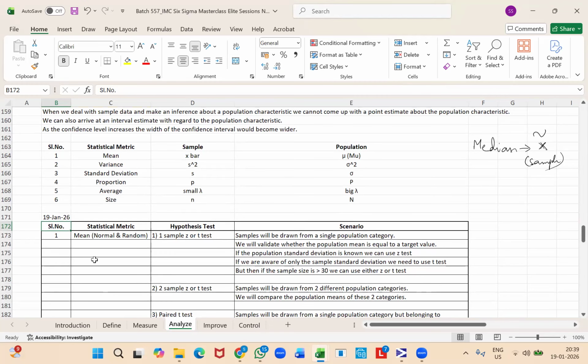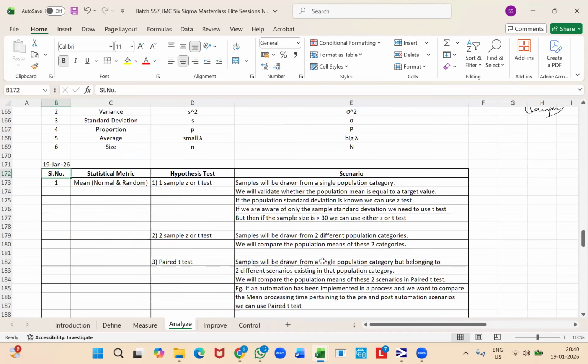So that's why I created this in a table format wherein we will have the statistical metric in the first column and then the hypothesis tests that can be performed for that statistical metric will be in the next column. And in the final column, I have also given the scenario so that you can clearly identify, given a scenario, which hypothesis test you need to deploy for solving that case scenario, right?